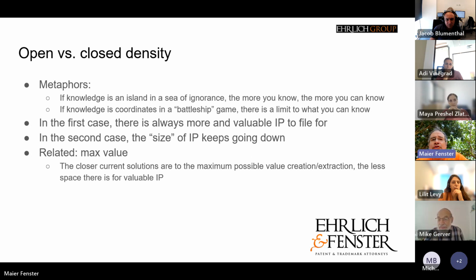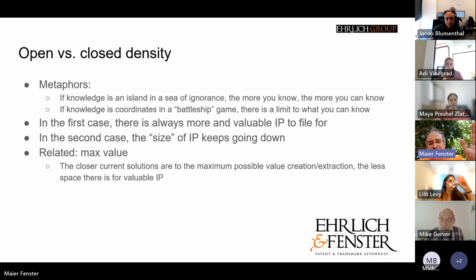So a closely related concept is the maximum possible value creation and extraction. We go back to the microchip. If we have super AIs that cost nothing, the value we can get is infinite, because one AI can do the work of 10 million patent attorneys. But if we talk about toilet seats, there's a limit to what value you can get out of a toilet seat.